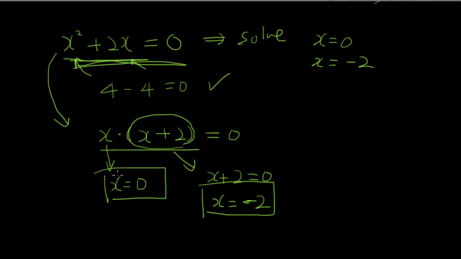So, if you have an equation like that, not too crazy complicated, but totally easy to figure out. But if you put it in factored form, it's even easier to figure out the answer.